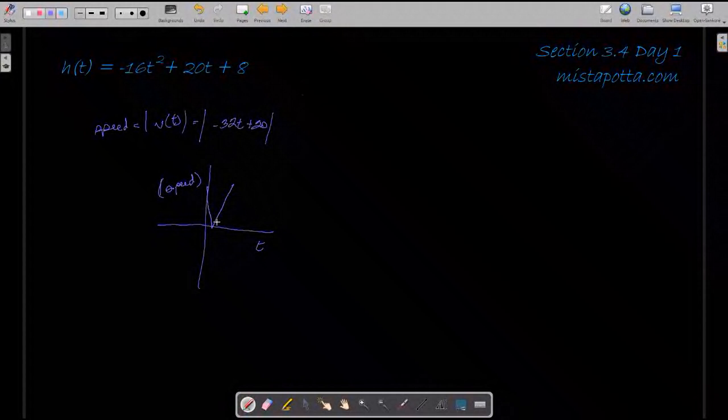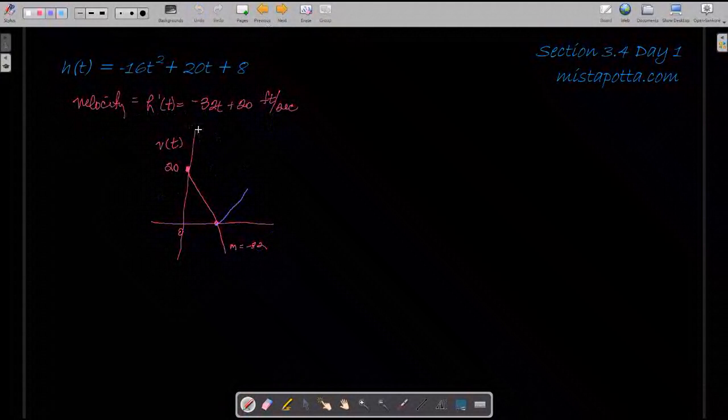Now, a better picture of what's going on is this pink graph, where my velocity started off at 20, which means I'm going up 20 feet per second. I reached a place where I was going up 0 feet per second, kind of acting Wile E. Coyote, and then I start falling at a particular rate.